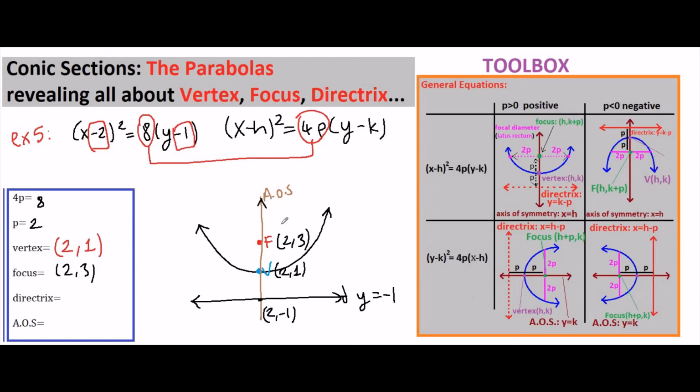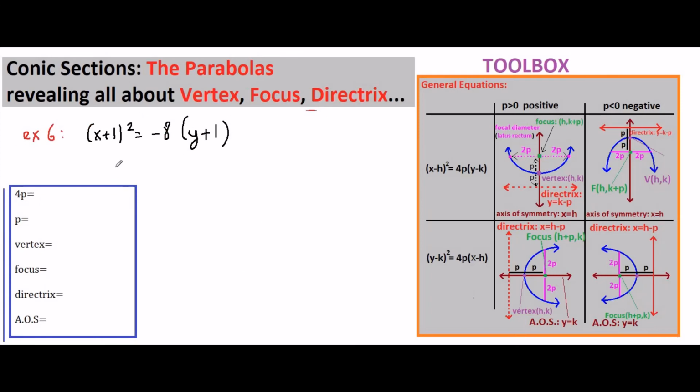Our axis of symmetry is passing through the same point as the focus, so the x coordinate of this. The directrix is y equals negative 1, and the axis of symmetry is x equals 2, the x coordinate of the focus and vertex. They are passing through the same point.